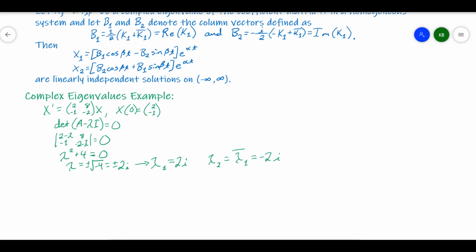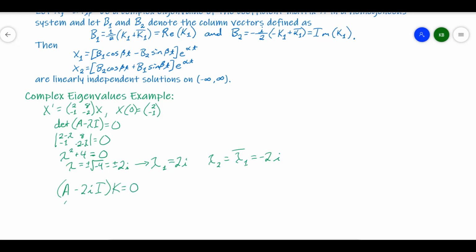So then it's a matter of using our eigenvalues that we have here to find our eigenvectors. So when our eigenvalue is 2i, we're going to be looking at A minus 2i times the identity matrix times some k is going to equal 0.